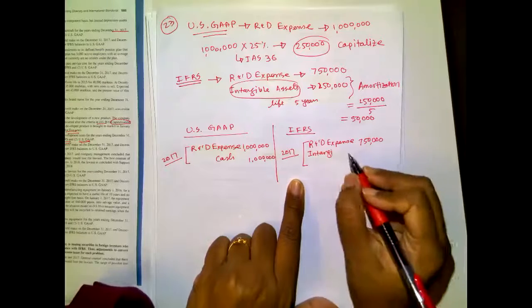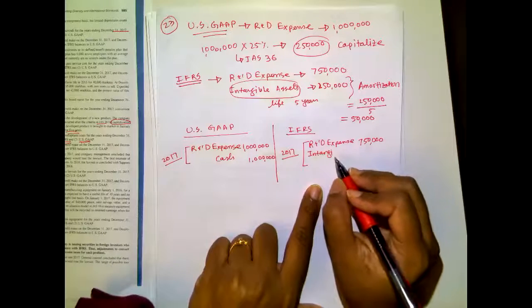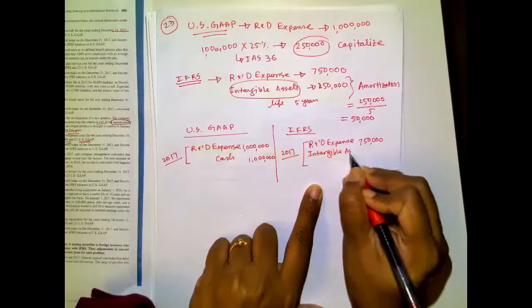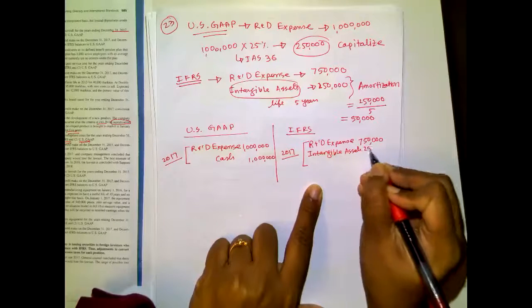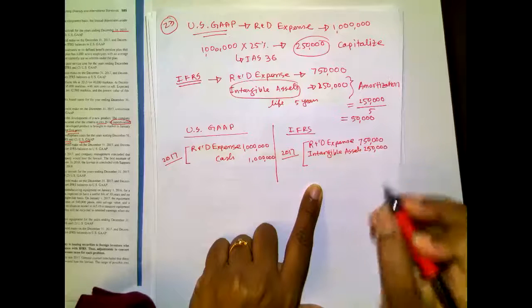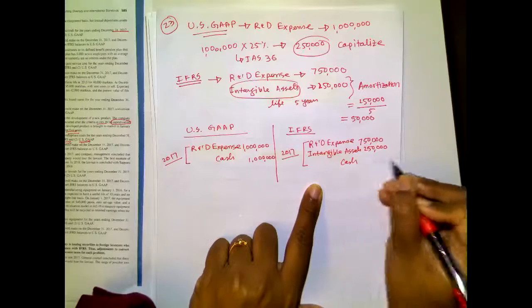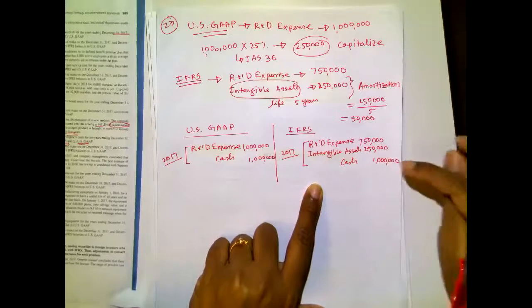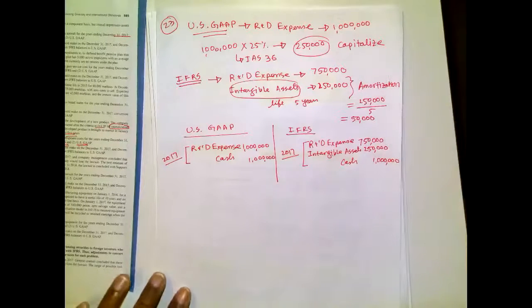So they will record 750 as an expense, and the rest, 250, as intangible assets. Altogether they also spent cash, and you have to credit the whole amount. You are just splitting it because 25% is capitalized.